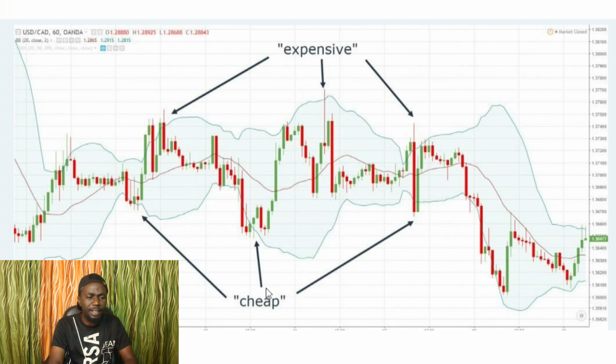So once you see a ranging market like this, you simply use your horizontal line to map the resistance level and the support level, right? So that when the price comes out of the upper Bollinger Band, you look at the resistance level to know whether the price is close to the resistance level for you to sell.